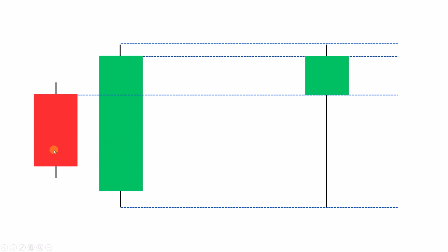When we club them, then we get a 10-minute candle like this. Or this may be a 1-day candle, this may be a 1-day candle. When you club this and this, you will get a hammer of 2 days duration. Okay, now this is the bullish engulfing pattern.